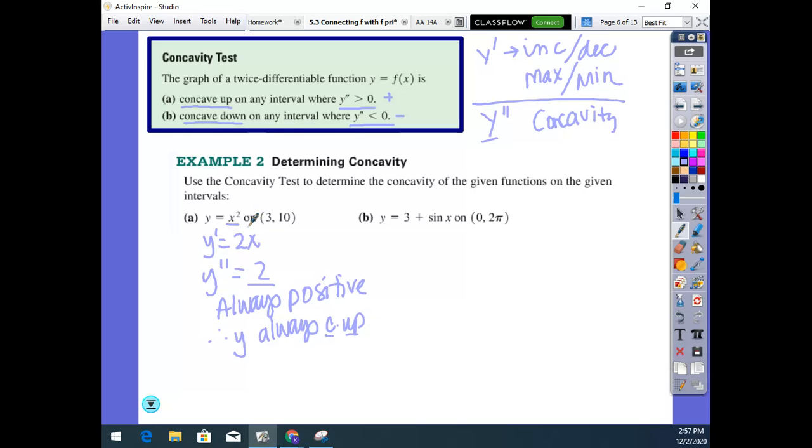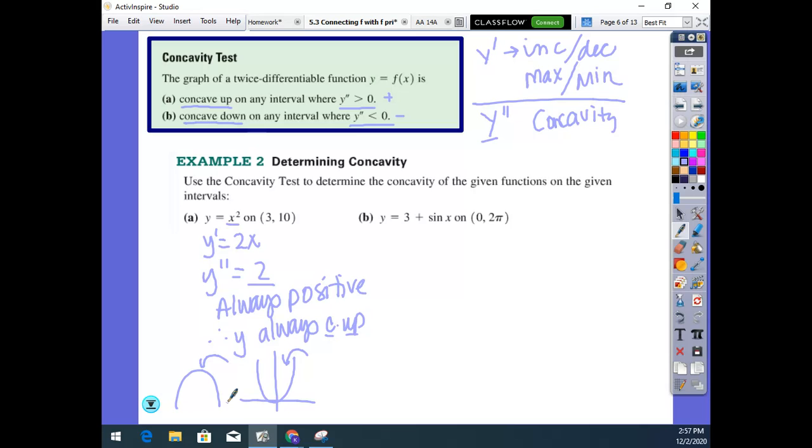So think about the graph. Y equals x squared, it's always cupped up. So think about like if you pour water in, if you can pour water in and the water stays in, the cup is up. If your cup is upside down, if you pour water, it falls out. That's concave down.